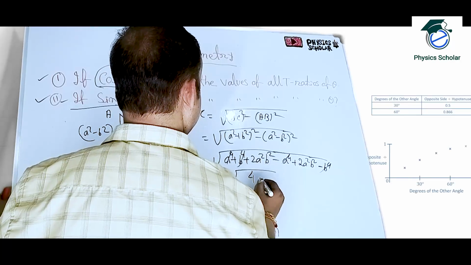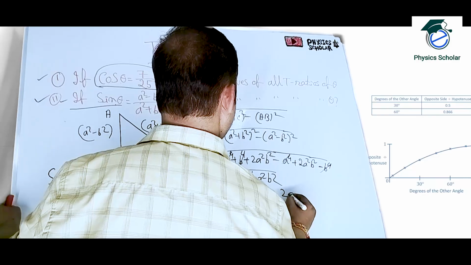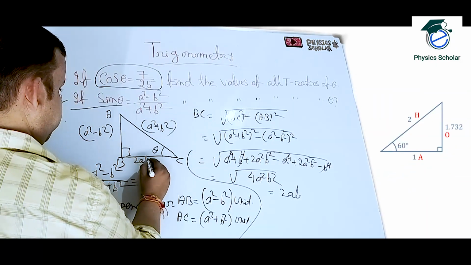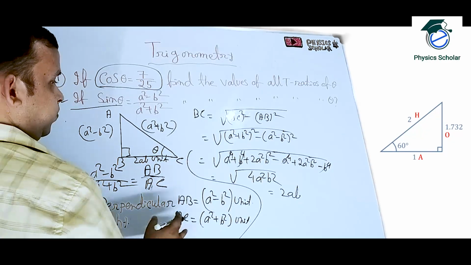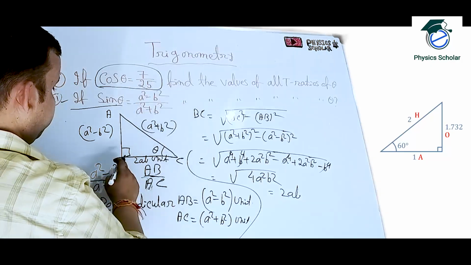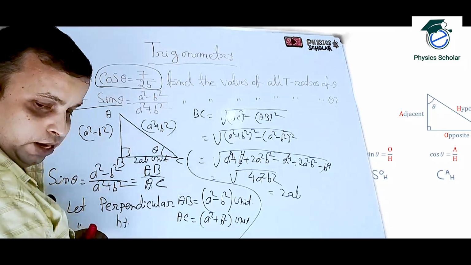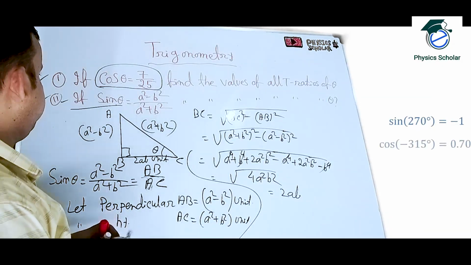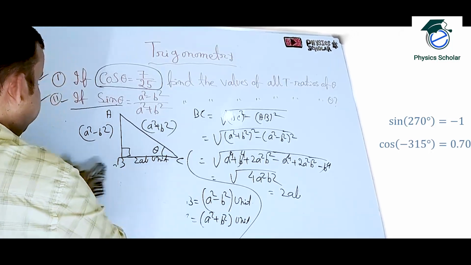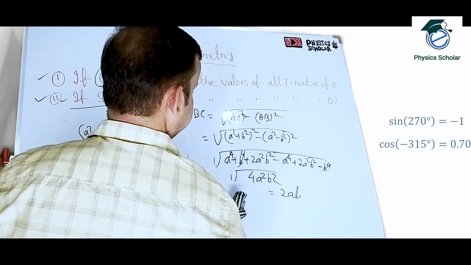So root over 4a square b square. So that means 2ab, if it comes outside. 2ab unit. So see, now I have all in my hand: the length of the perpendicular, the base, the hypotenuse, and the angle theta. So very easily I can now determine all the trigonometric functions. Okay. So it is 2ab.